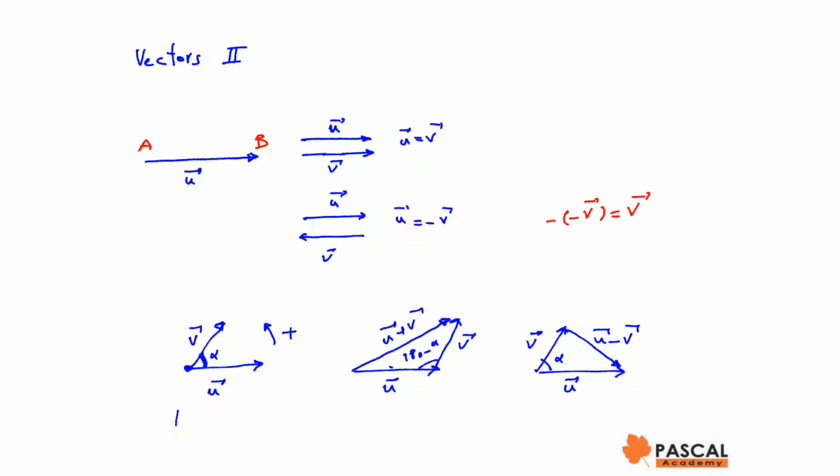We used cosine law and found the magnitude of U plus V and U minus V in terms of magnitude of U and V and the angle between them.